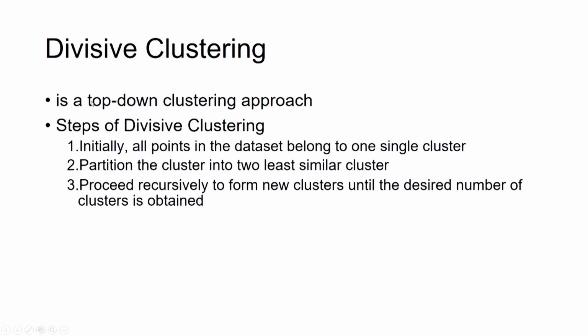So, that was the bottom up approach, while in this case initially we are treating the whole data set, all the points, as a single cluster, then we will divide it into two clusters, then again we will divide one of these two clusters into two clusters, and so on. So, this is called the top down approach, and here we are using the divisive method for finding the clusters.